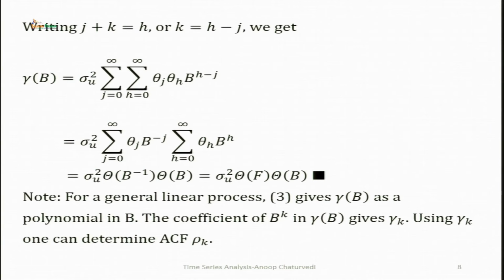So, we observe that for the general linear process, this relationship 3 gives gamma b as a polynomial in B. We just use this relationship.